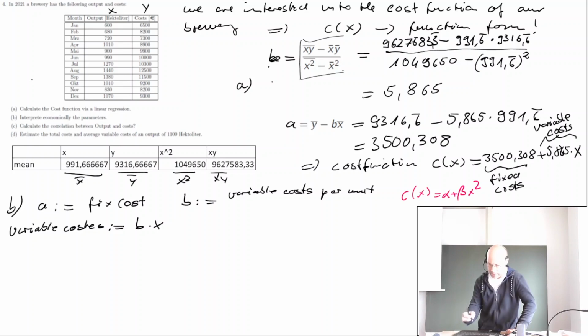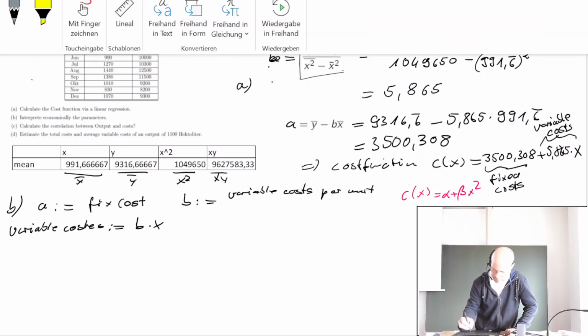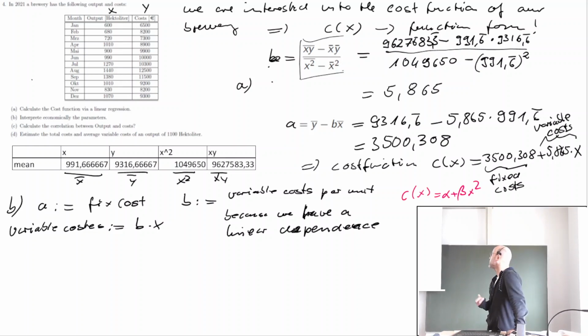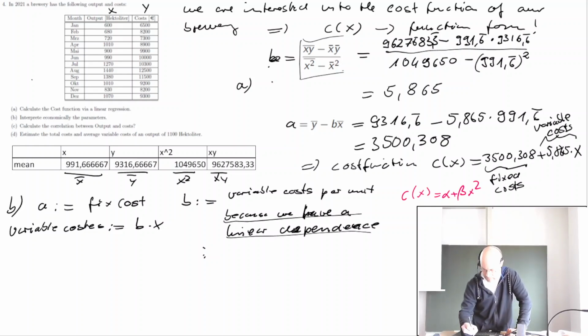But because we have a linear dependence, variable costs per unit also coincide with the marginal costs.